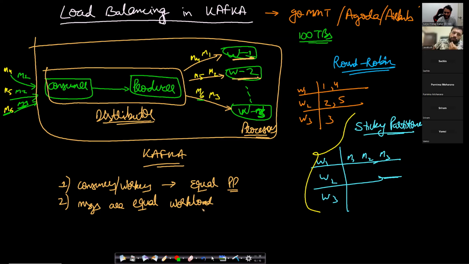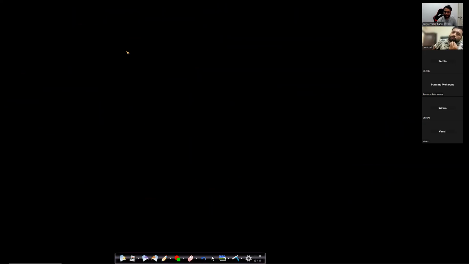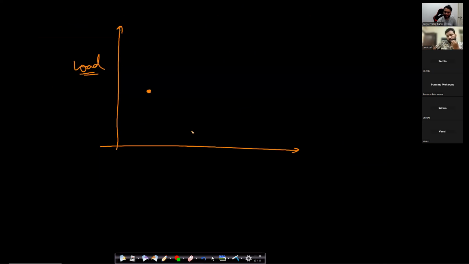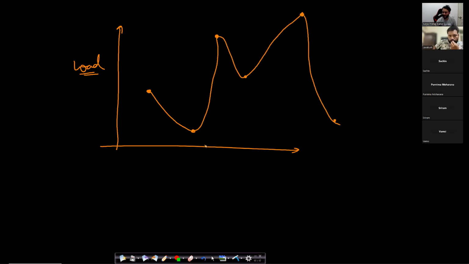If you draw a graph of workload, each of the messages may have a different workload altogether. Okay, they can have different deviation. If you just draw a graph, it will be something like this. But ideally, what we are assuming is every message has the same workload.